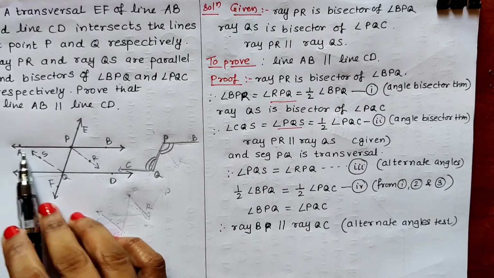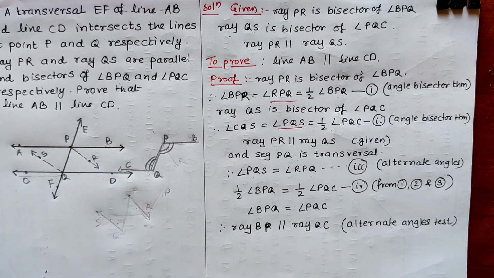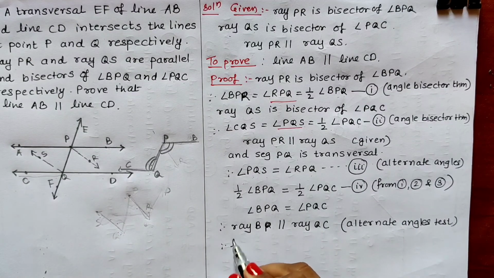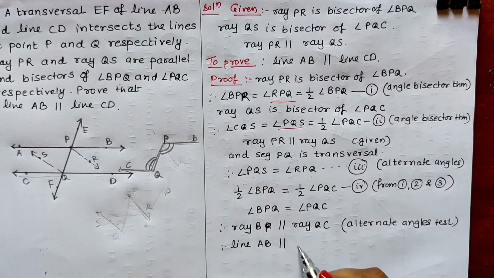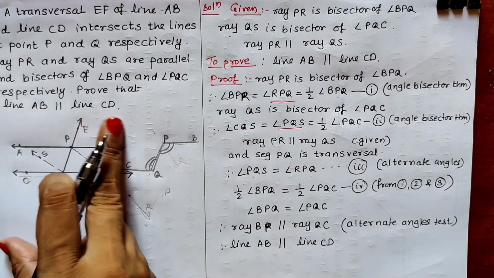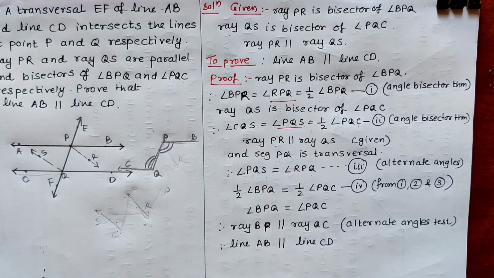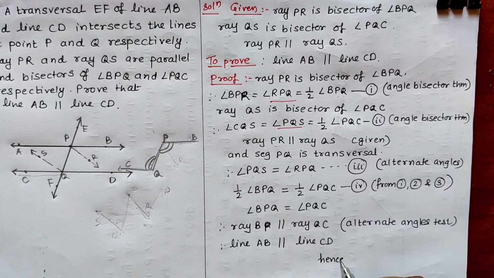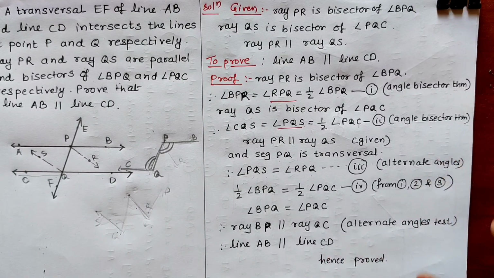This means what? Line AB is parallel to line CD. Therefore, line AB is parallel to line CD. In this way we have got the proof. This only we will have to prove. Hence proved. We should write hence proved. In this way we will have to write the proof of all these answers.